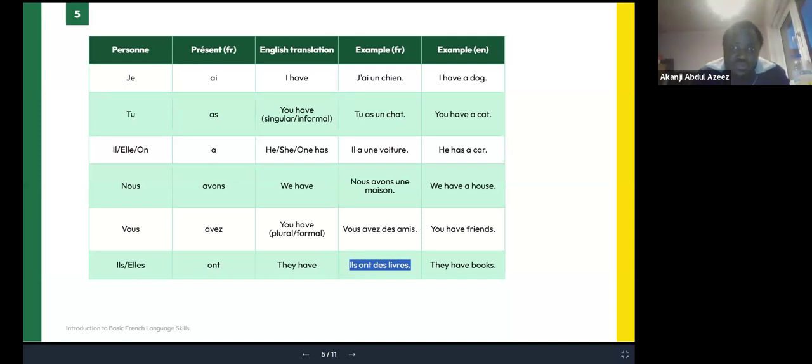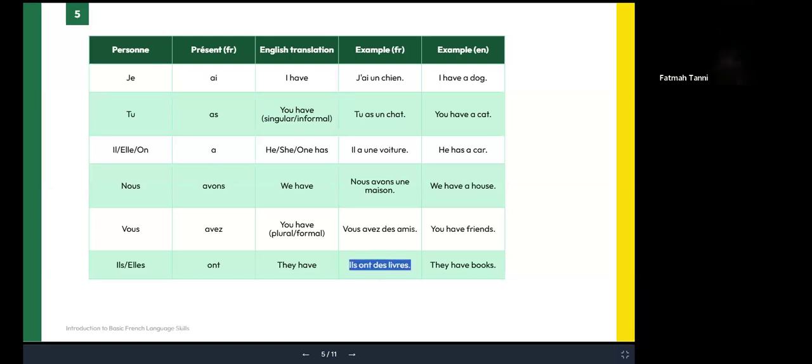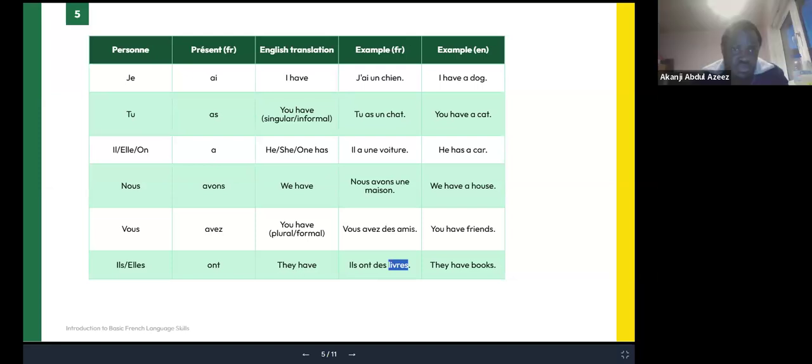Ils ont des voitures. They have cars. Ils ont des livres. Thank you very much.